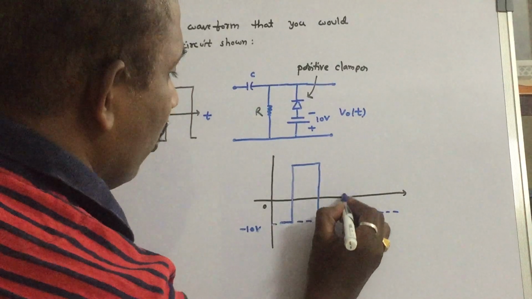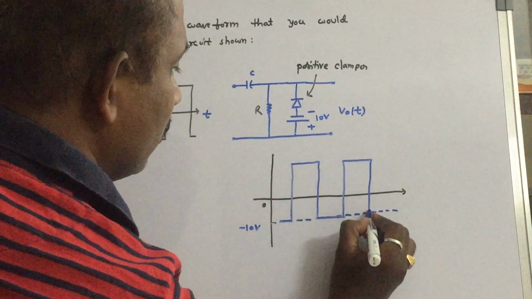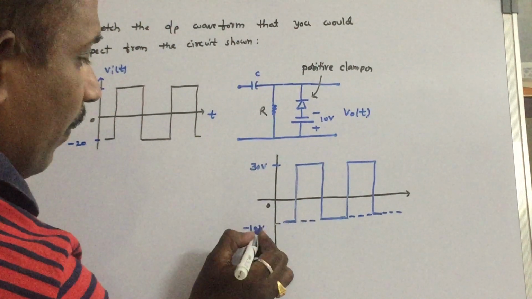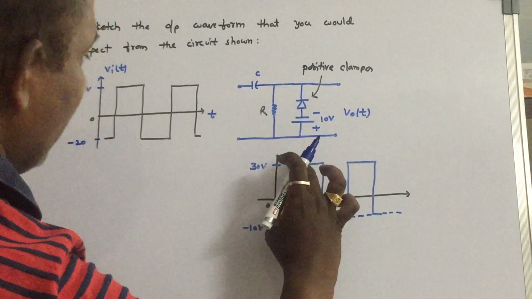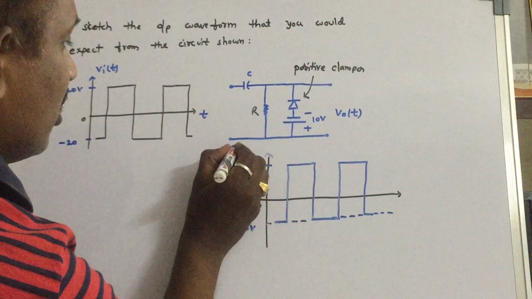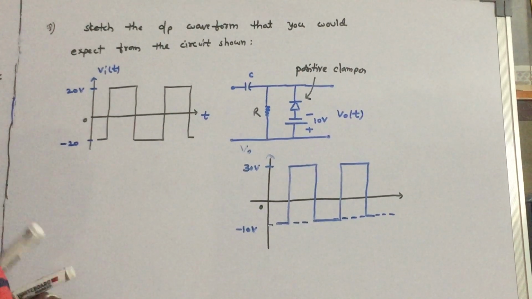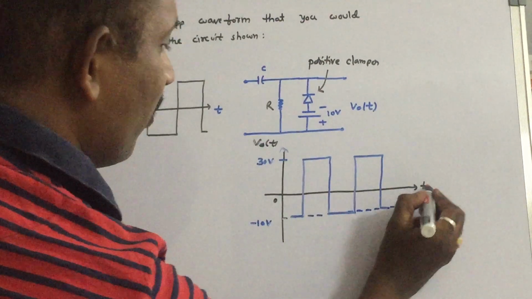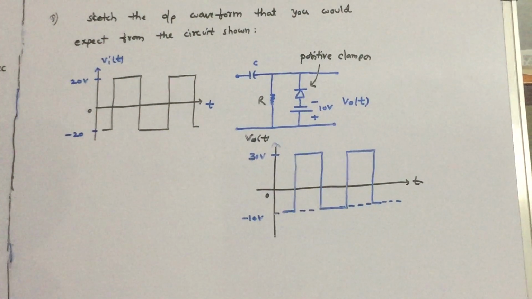You have to draw 30 volts, 30 minus of minus 10. So the peak to peak amplitude will remain the same, 40. So this is V0 of t versus t. This is the output waveform, just you have to draw this output waveform.